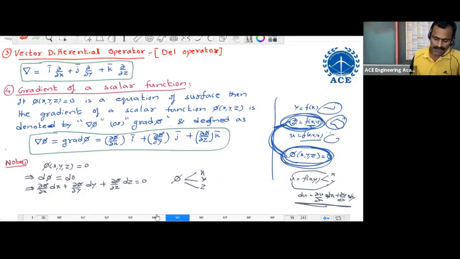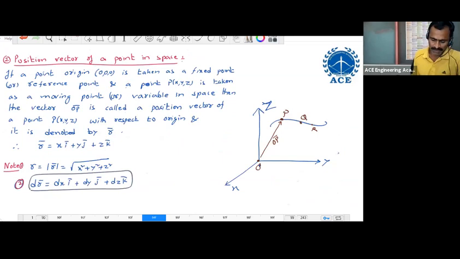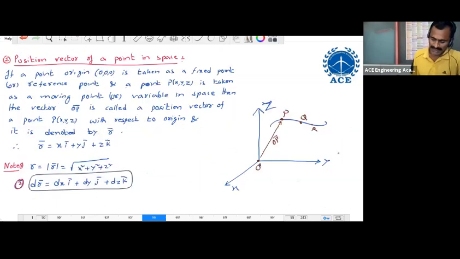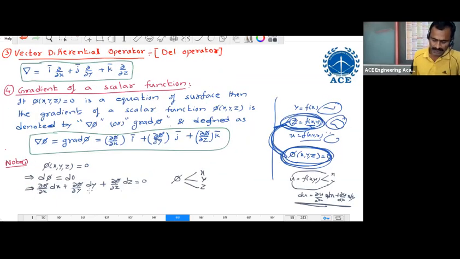If you write the dot product between del phi and dr bar, then we get dou phi by dou x into dx plus dou phi by dou y into dy plus dou phi by dou z into dz. So that is same as this. So this sum is same as the dot product of two vectors. One is del phi dot dr bar equal to 0.